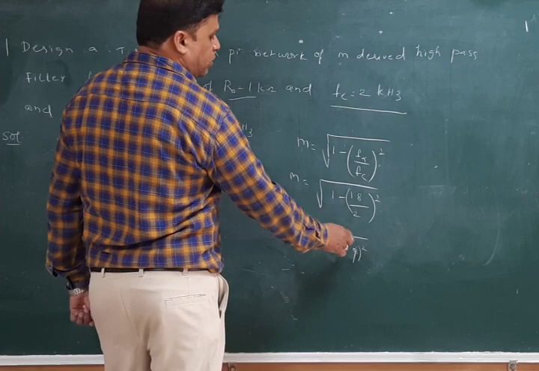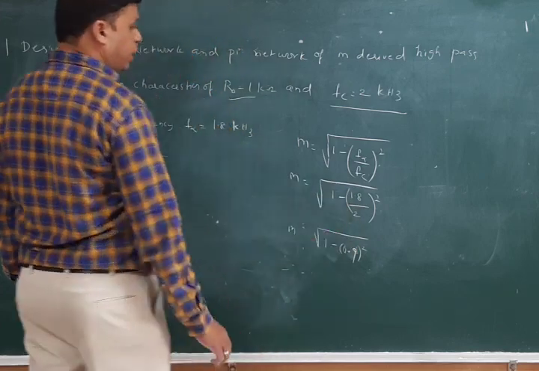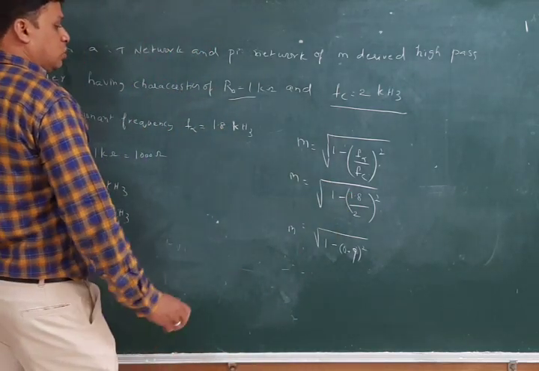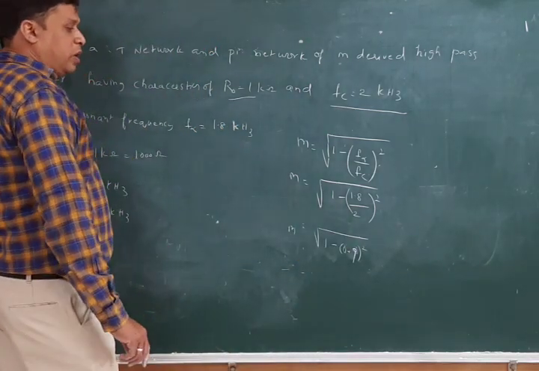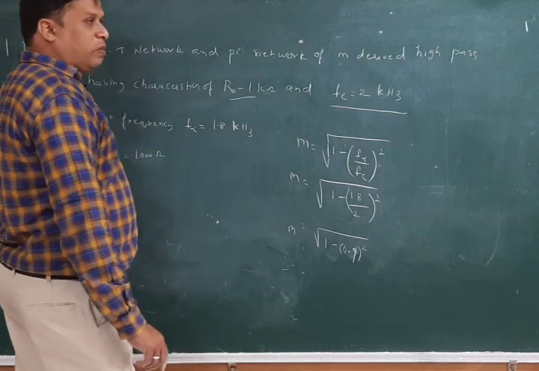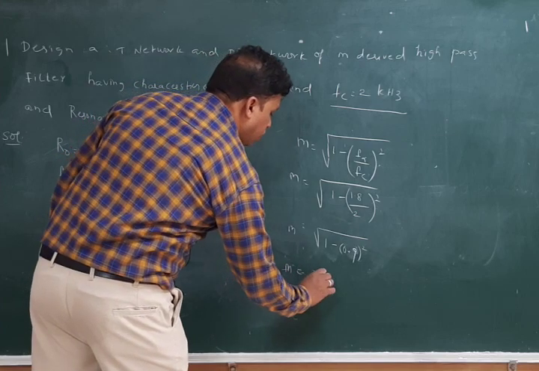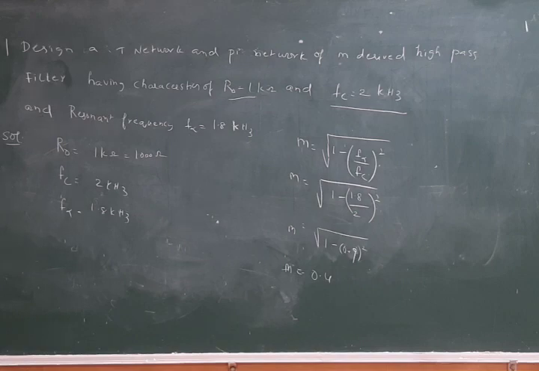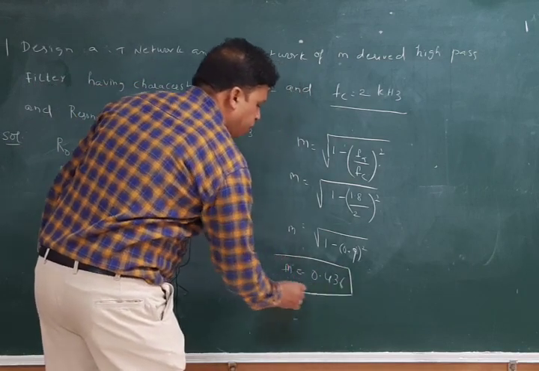Therefore, m is equal to the square root of 1 minus 0.81, since 0.9 into 0.9 is 0.81. That is approximately 0.436, so m is equal to 0.436.